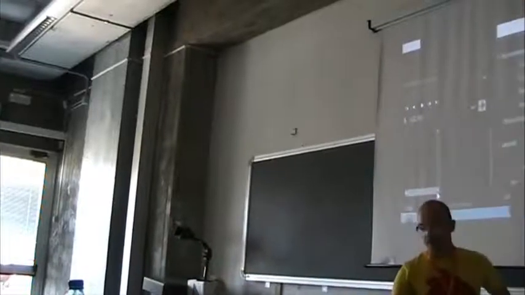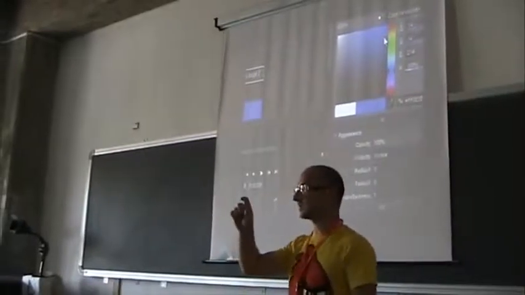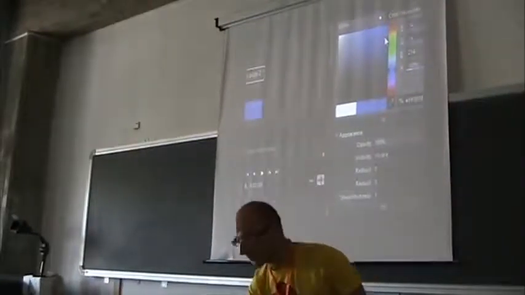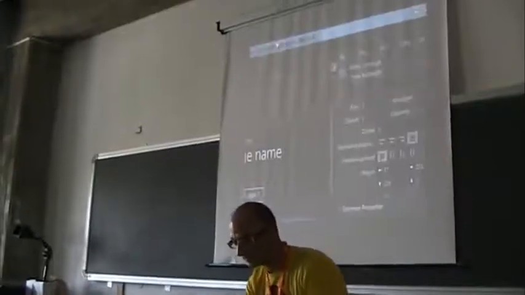Let's try. We want it blue, so it switches from white to blue, and we want it, for example, a little bit rounder in the corners, okay, and we want it here, okay.